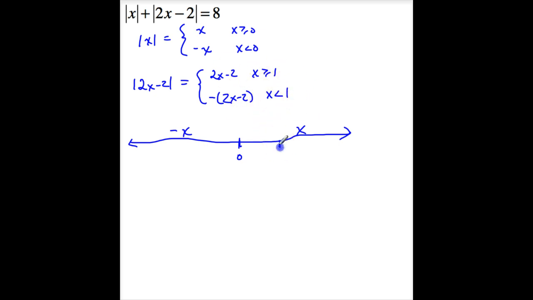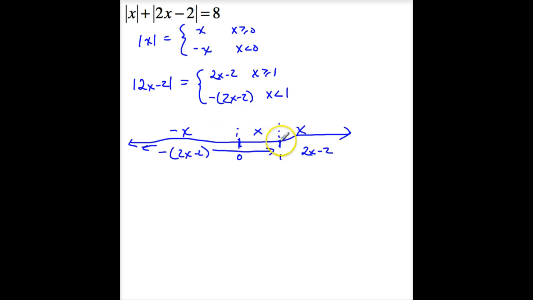So I'm going to put this one down here. It is 2x minus 2 for all x greater than 1, and it is minus 2x minus 2 for all x less than 1. And I'm just going to put my arrows here. Actually, I'm going to rewrite this one.